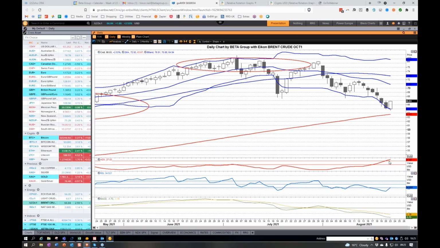The ADX is up at 27 now. The RSI on this one candle has come up, but the MACD is still negative. Lots of resistance at 67.50 upwards here, so if it does correct today and tomorrow, I would see that as a correction in the down market, in a bear market now in crude oil.